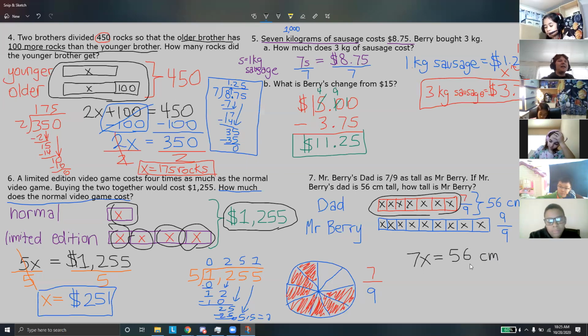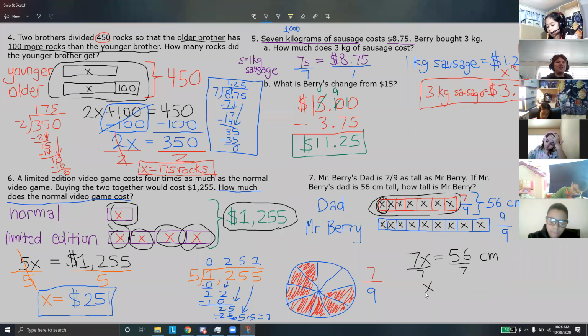So I could find out what one of these boxes are, and that would help me because I know Mr. Barry is 9 out of 9 tall. So if I can find out what 1x is, I can multiply that by 9 and find out what 9x's are. So in order to find out what 1x is, in this equation, 7x equals 56, I'll divide both sides by 7.